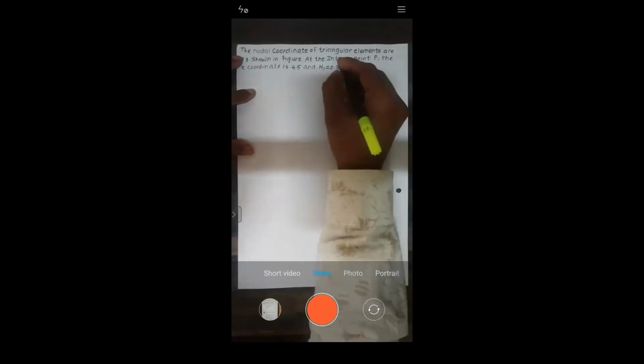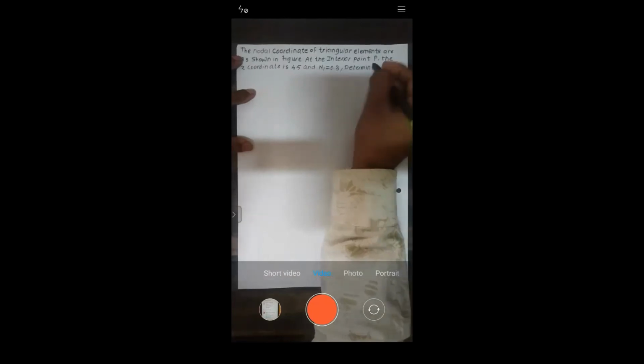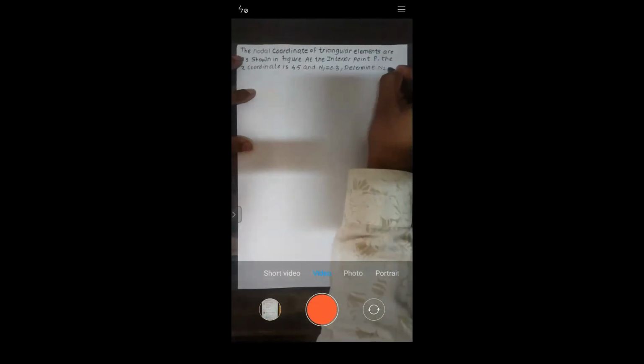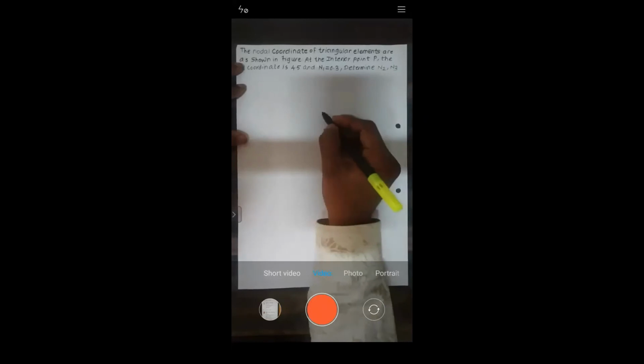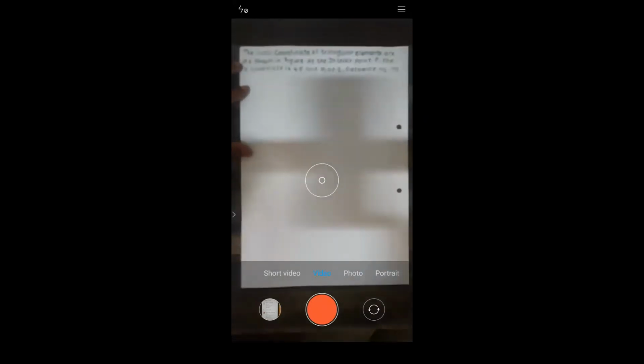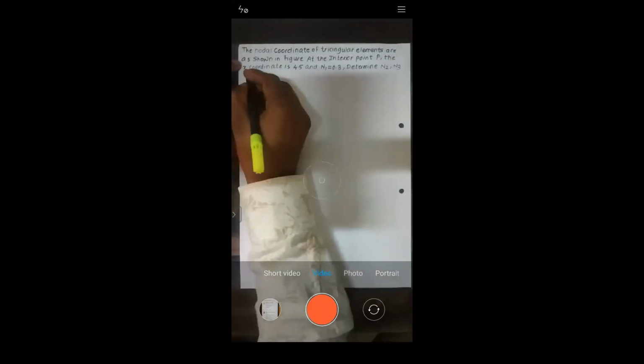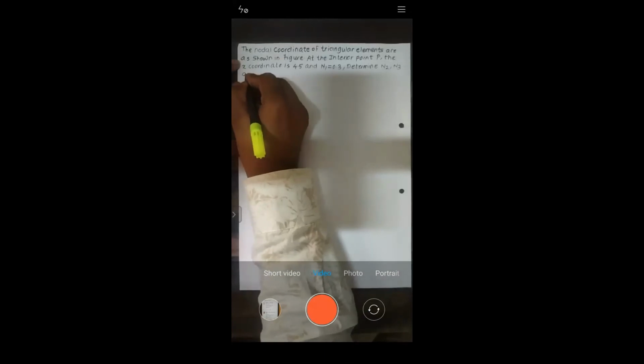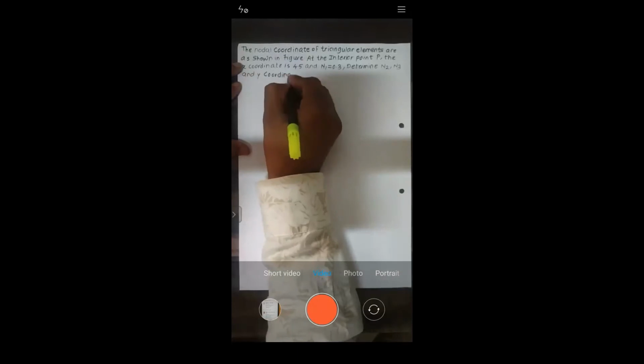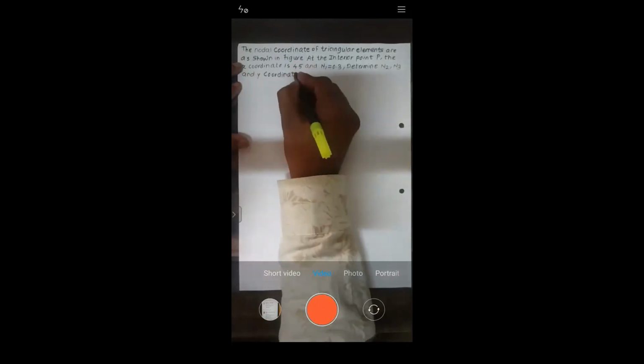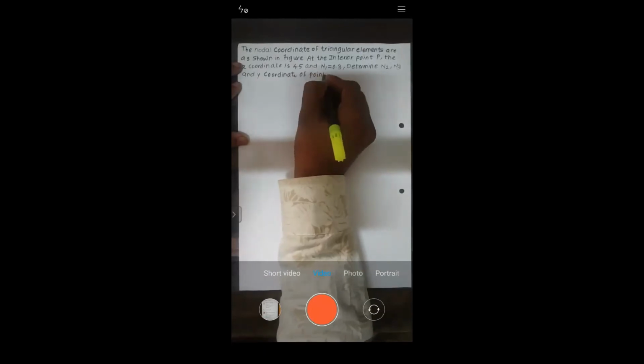Determine N2, N3, and the y coordinate of point P.